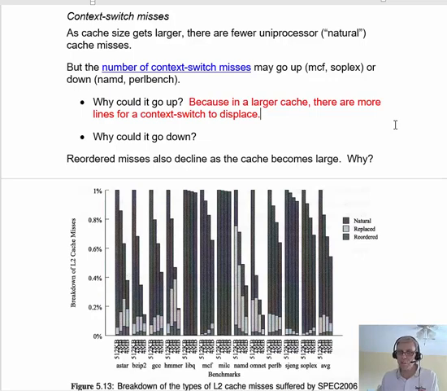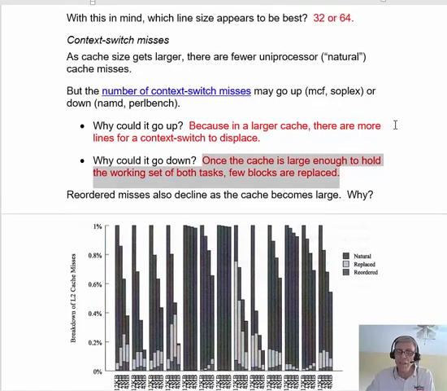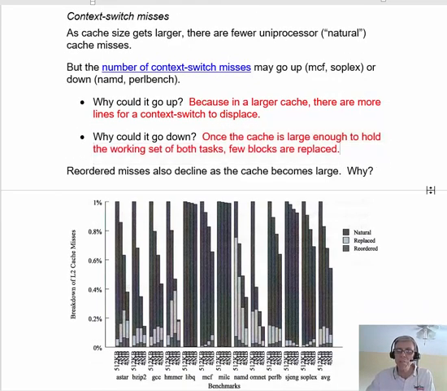At the same time, the number of context switch misses could go down. Why is that? The cache could become large enough to hold the working set of both tasks, and then few blocks need to be replaced. Reordered misses also decline as the cache becomes large. Remember, reordered misses occur because cache lines were shoved down to the bottom of the LRU stack and got replaced.